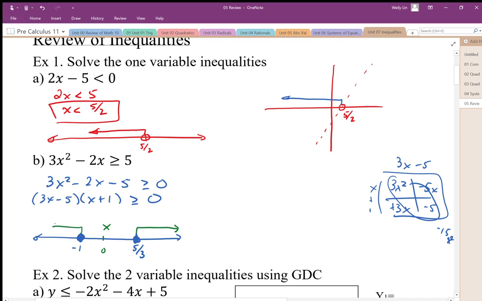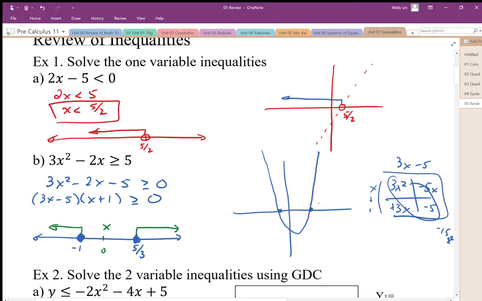So we know that we can have our solution going out in this direction. We could also analyze this problem in terms of the quadratic graph. If I draw this graph, we have zeros at these 2 points, and I know this is a parabola opening up.